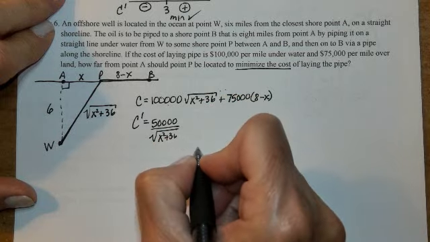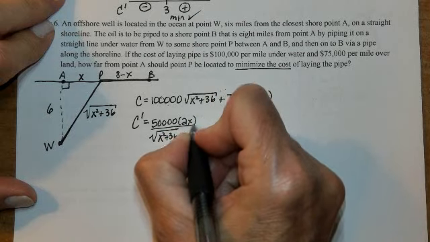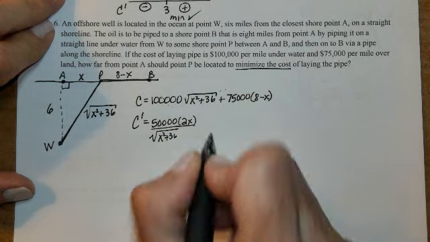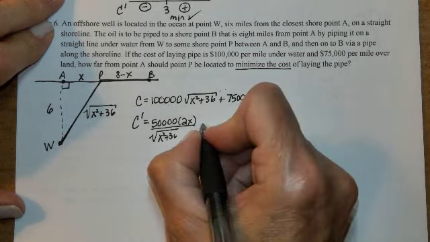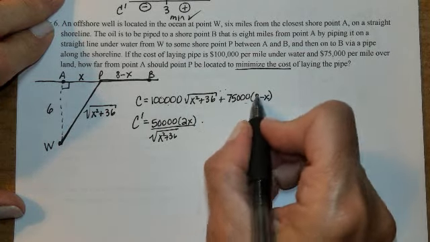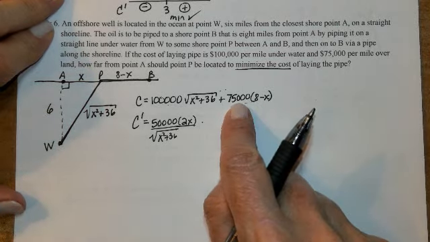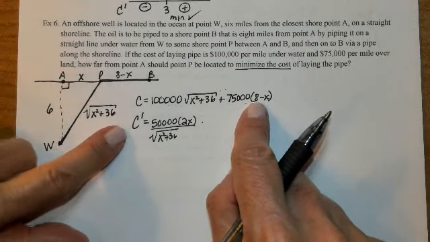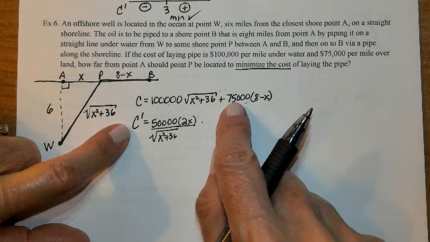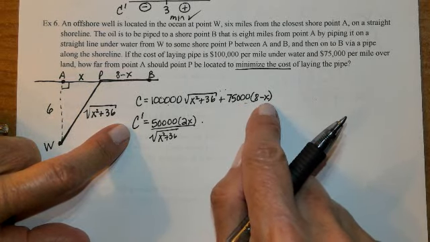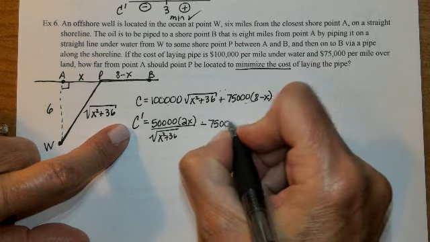Times the derivative of the inside, and the derivative of the inside is 2x. So we're back to 100,000. Plus, over here, if we distributed that 75,000 through, we would have 75,000 times 8. And when you take the derivative of that piece, it's just 0. But then you'd have 75,000 times negative x, and the derivative of that piece is negative 75,000, right?